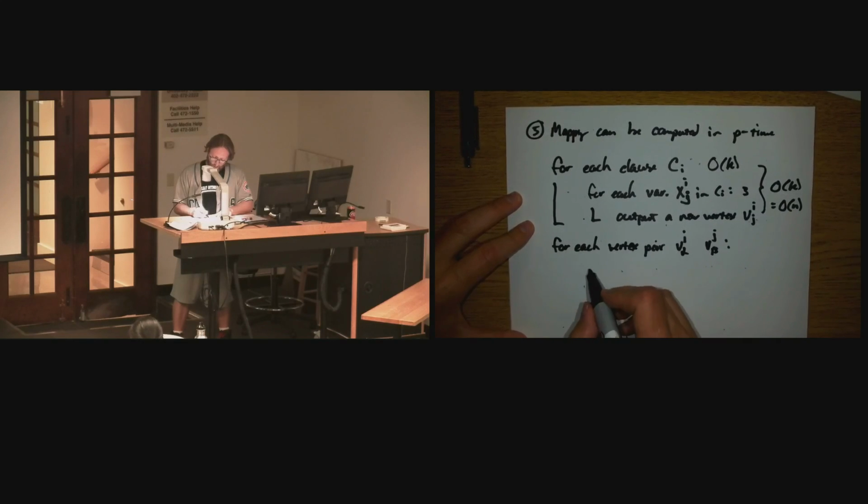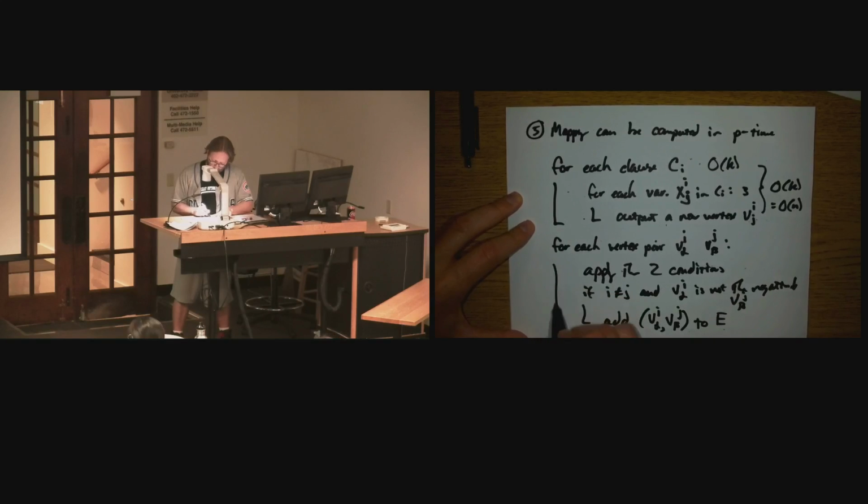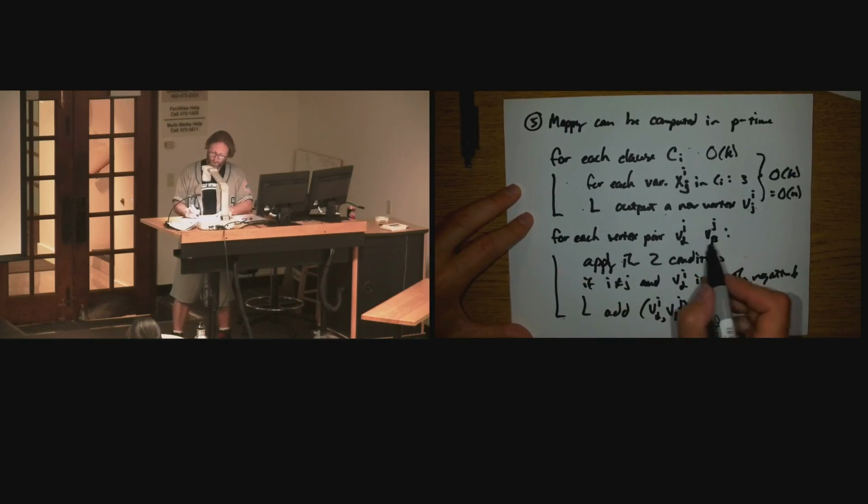Then apply the two conditions: if i is not equal to j and v alpha i is not the negation of v beta j, then add the edge v alpha i, v beta j to E. And of course, what is this going to be?